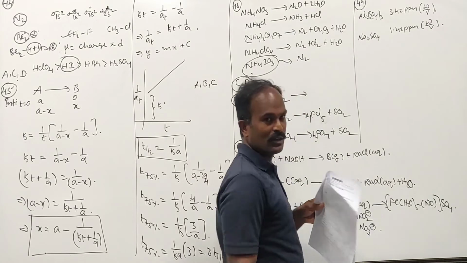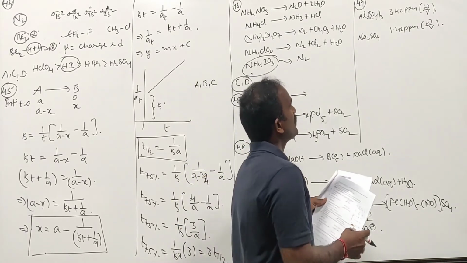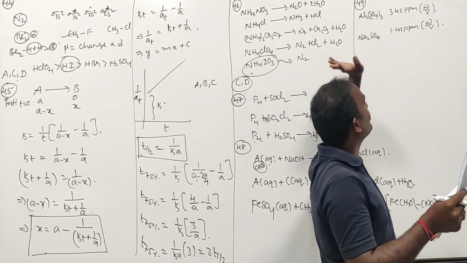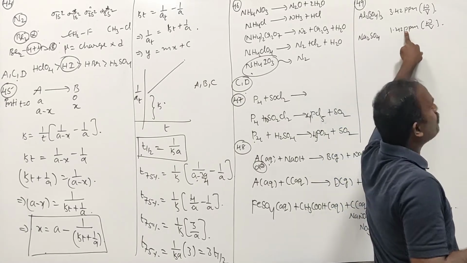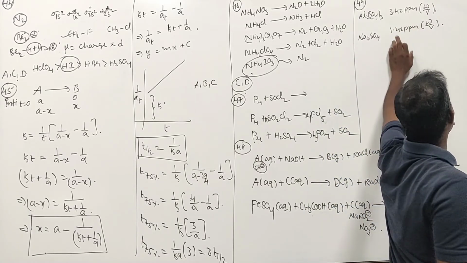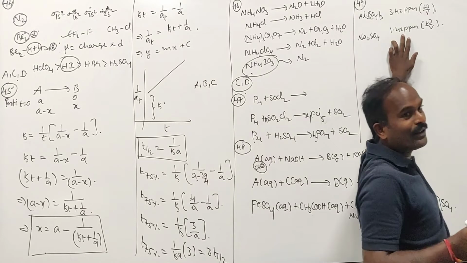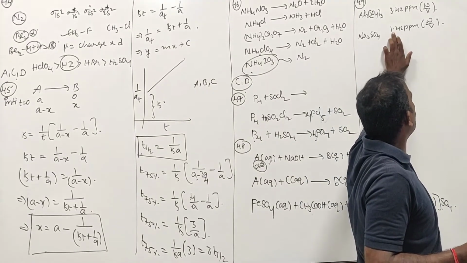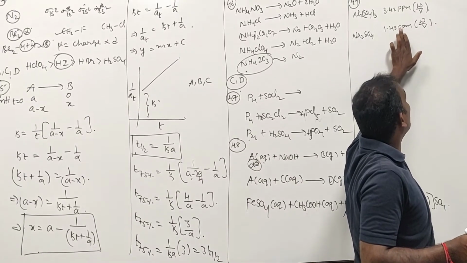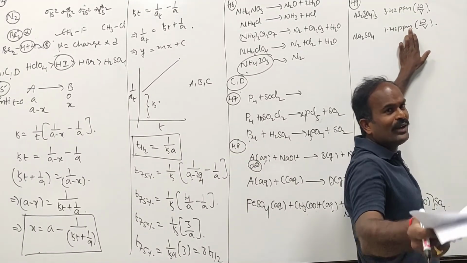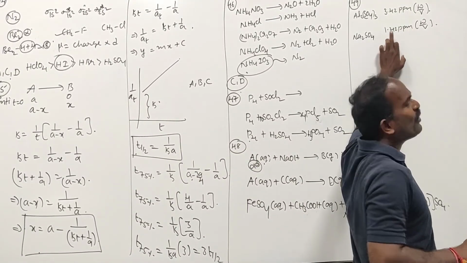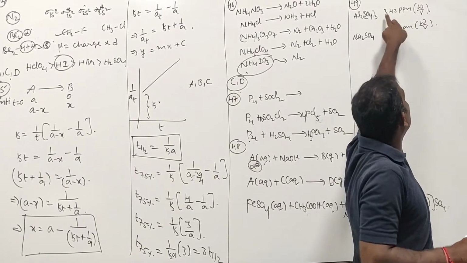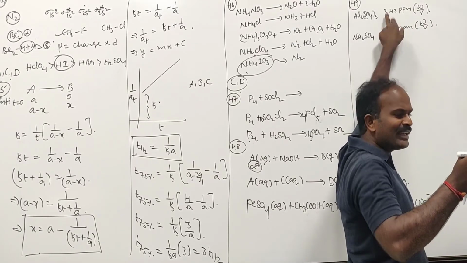If these are the solutions which are mixed, what is the meaning of ppm? Parts per million. For example, 1.42 grams are there for 10 power 6 grams. For 1000 grams, how much will it be? 1.42 milligrams. This is going to be 3.42 milligrams.